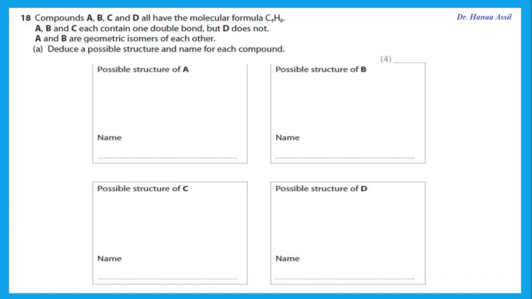Compounds A, B, C, and D all have molecular formula C4H8. So we're talking about butenes. A, B, and C each contain one double bond. D does not. A and B are geometric isomers. Remember, if I have 4 carbons with a double bond somewhere, then either the double bond is in the middle or on one end.